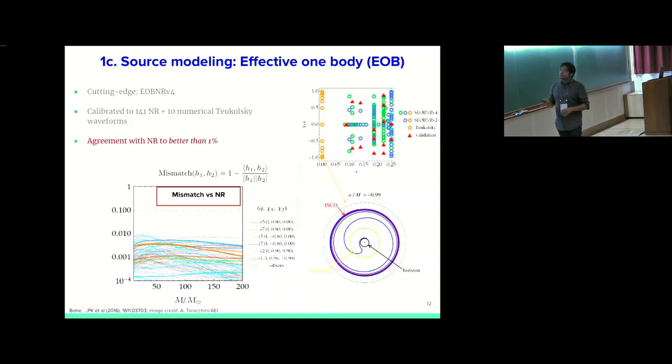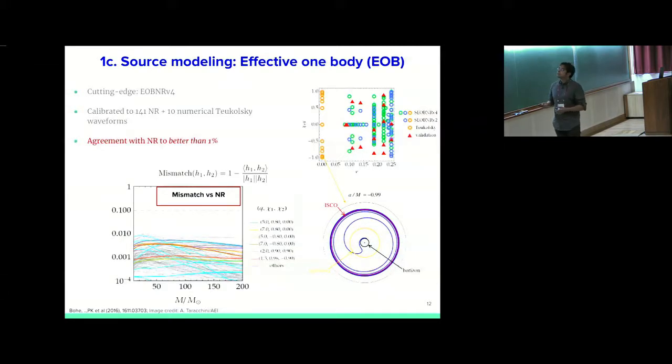And this here shows the mismatch between EOB and numerical relativity for a range of total masses and range of mass ratios, spins, etc. And we see that the typical mismatch is about 0.1% and the maximum mismatch is about 1%. So this level of accuracy is quite sufficient for signal-to-noise ratios of up to 40 to 50, which is roughly the range that we see with advanced LIGO these days.